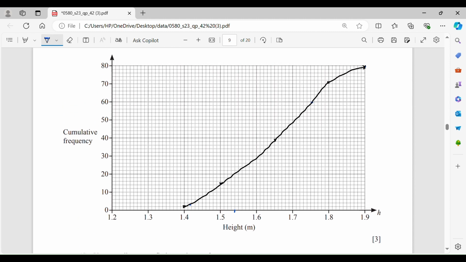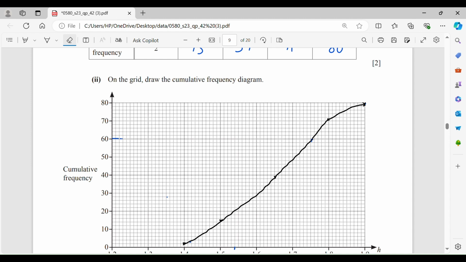The 60th term will be this one, right? The 60th term is this one. We have to make a straight line, but it is difficult for me to write on a laptop.